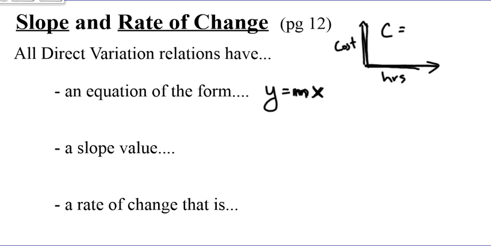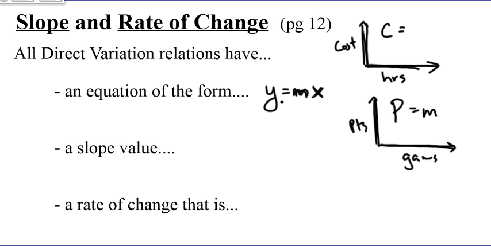Y equals mx. Little Sally, what did we have when we graphed? Our x was the number of games she played, resulting in the number of points she scored. And our formula was the points she scored, y, equaled the slope times the games played, which was the x. So y equals mx, where m is the slope.